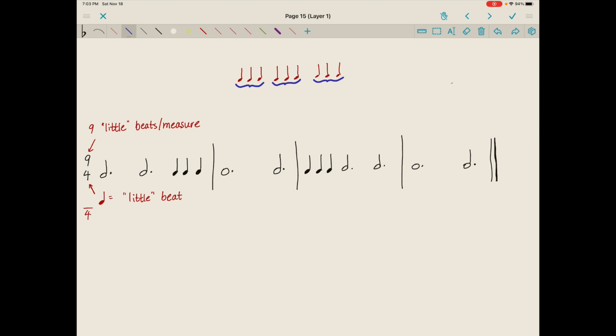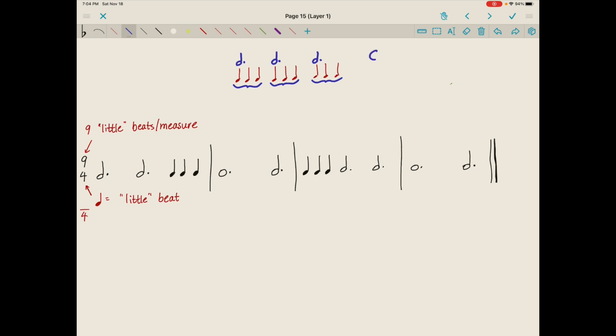And I know that 2 quarter notes are equivalent to a half note. And if I put a dot on that, it'll account for all 3 of those quarter notes. So a dotted half note is our big beat or pulse note in 9/4 time. And you'll notice that we are therefore in compound triple meter.